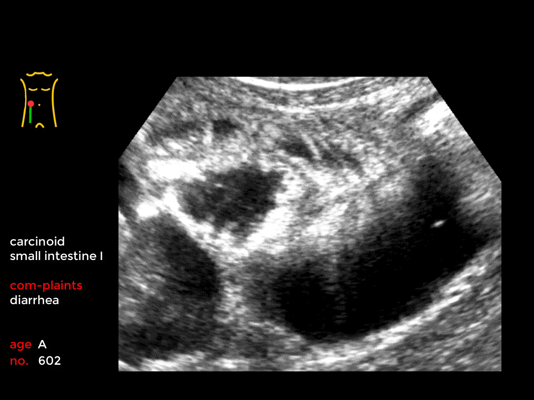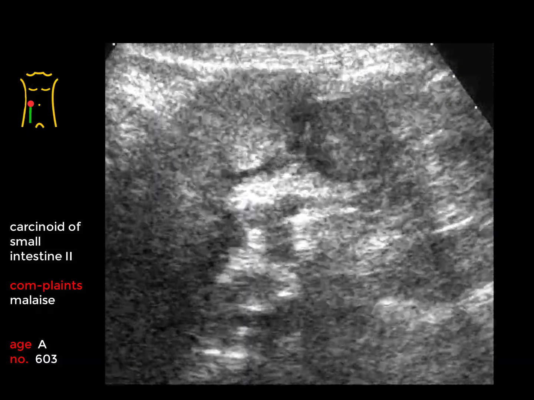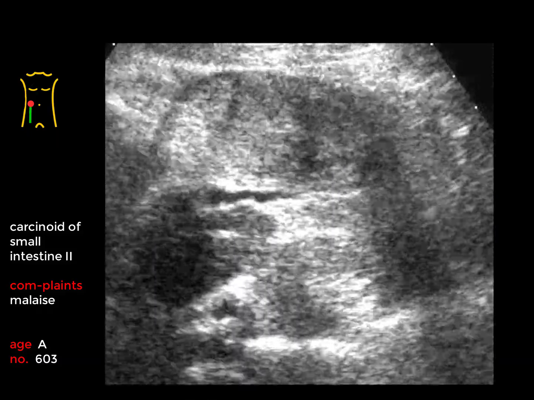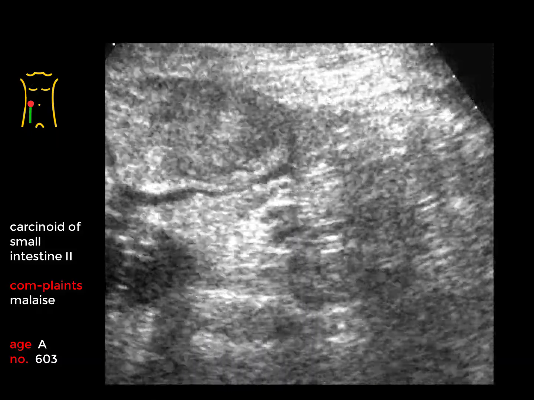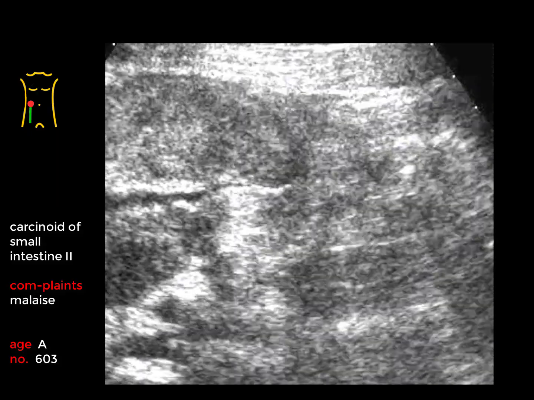Also here in this case, the already known case 602, which is repeated willingly because it is so impressive. This is true in case 603 as well, repeated because of its typical features.